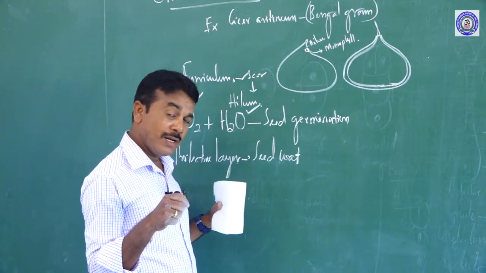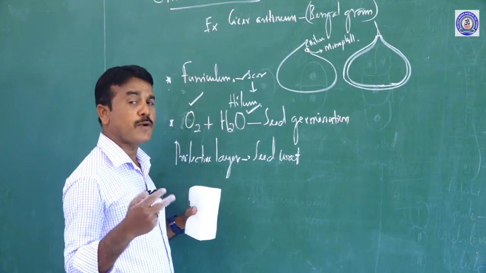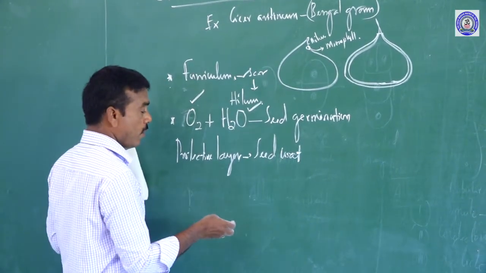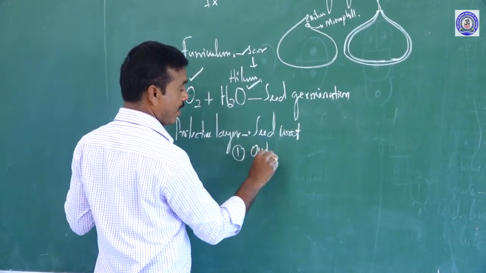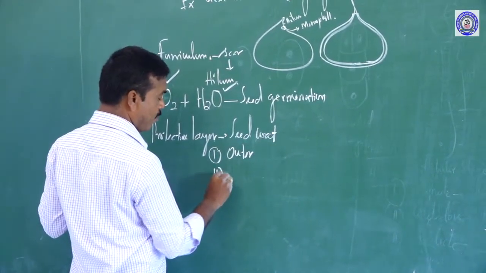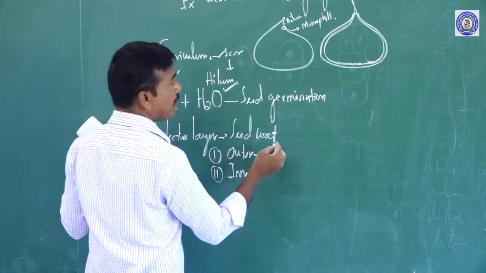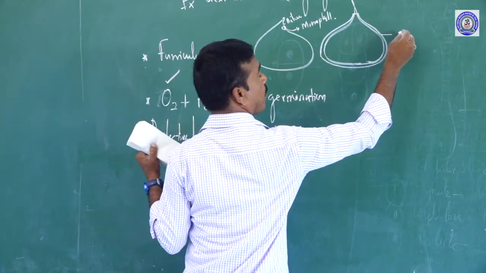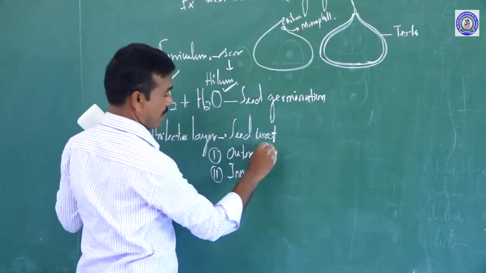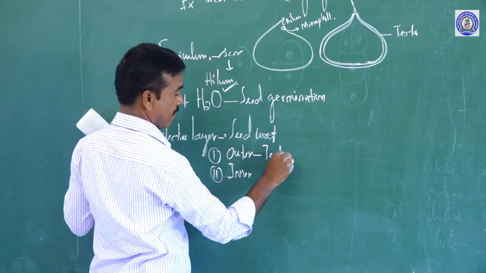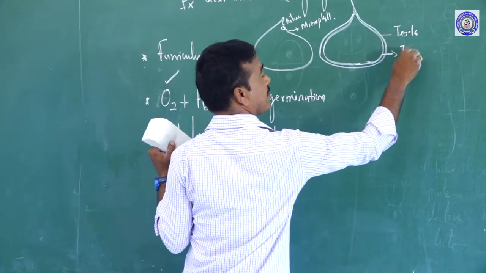The seed coat has an outer protective layer and an inner protective layer. The outer protective layer is the testa. The inner protective layer is commonly called the tegmen.